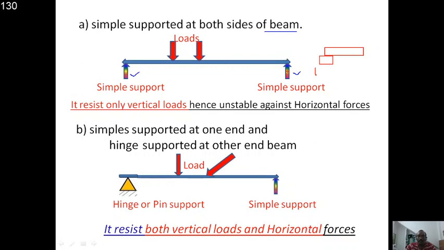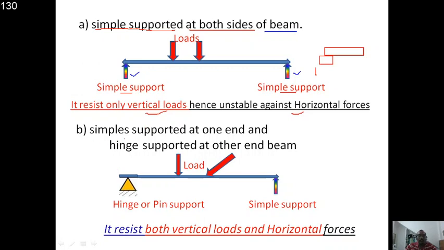And if there is a simple support at both the ends of a beam, then it is known as a simply supported beam. If it has only simple supports at both the ends, then it can resist only vertical loads, hence it is unstable against horizontal forces.